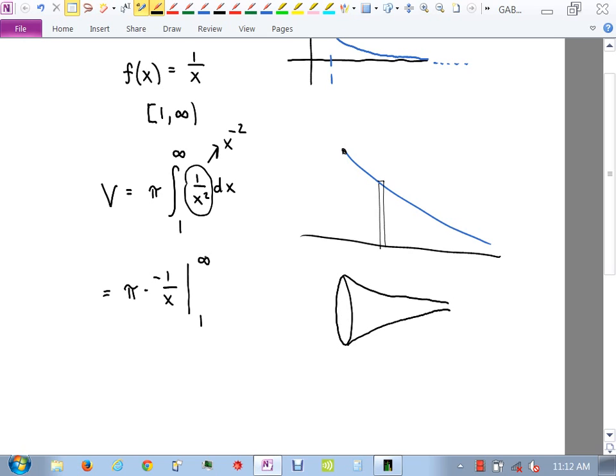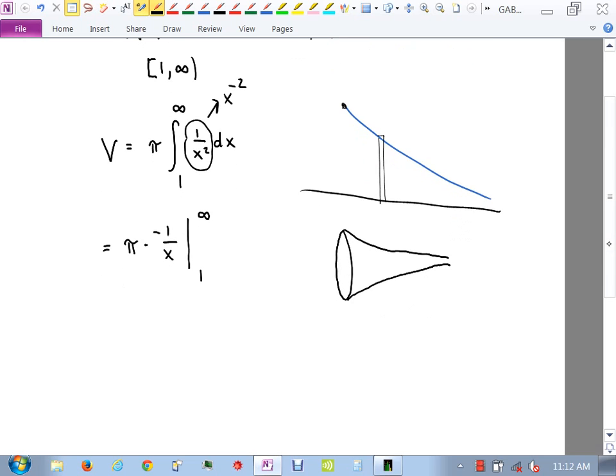You all with me? Okay, now let's plug in infinity and 1. When we plug in infinity, we get pi times negative 1 over infinity. The denominator goes to infinity, so negative 1 over infinity goes to 0, which kills off the pi.